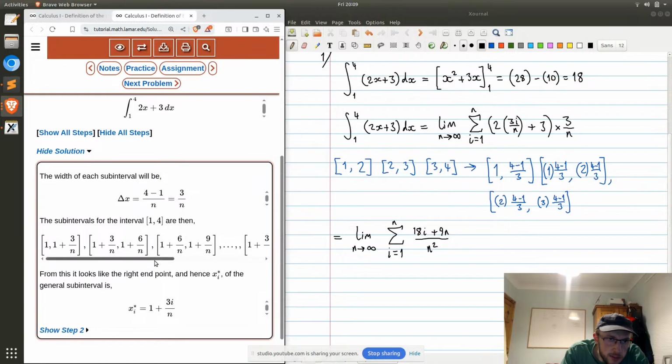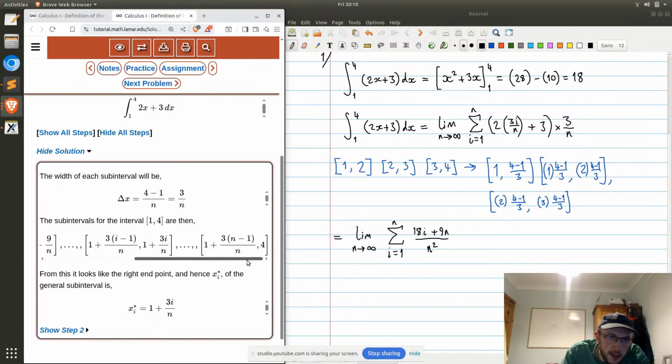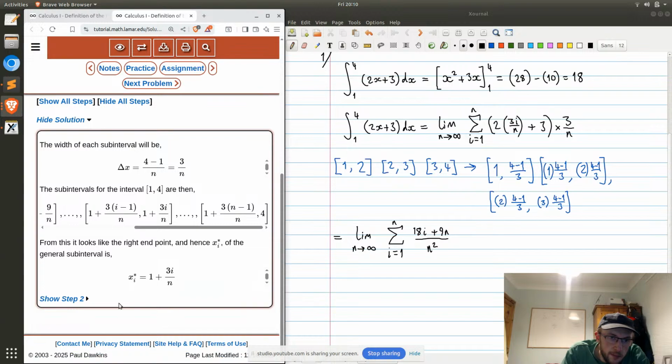Okay, total agreement that 3 over n is the width of the subintervals. And what do those subintervals look like? Well, they do start with 1, and it will be like that. Yeah, I agree.